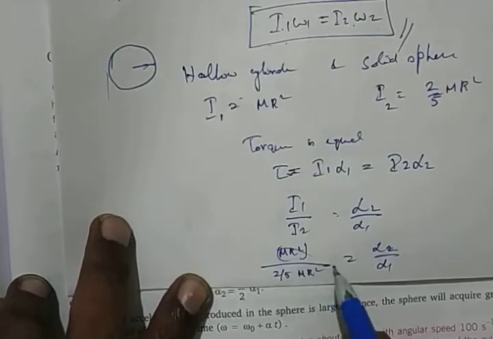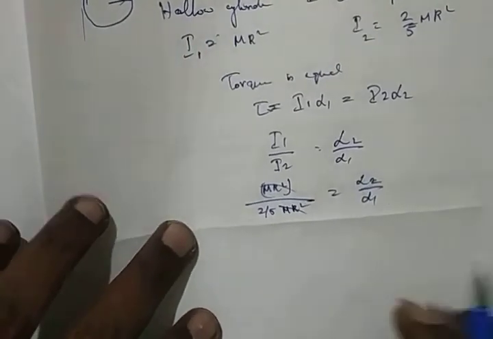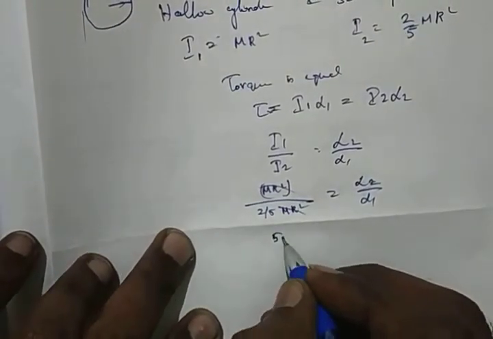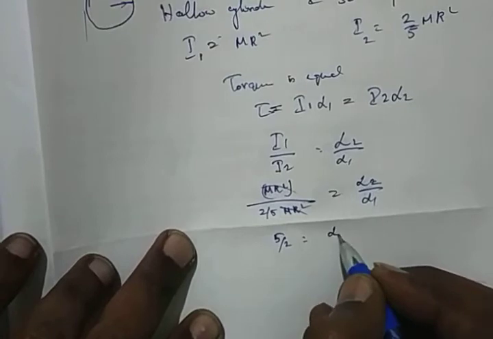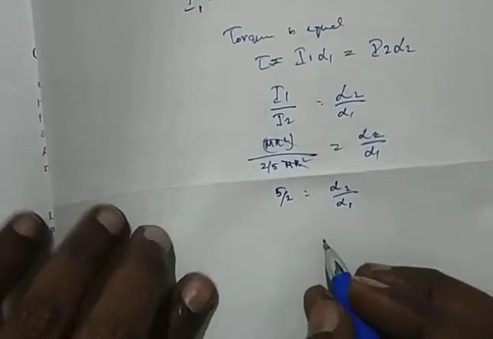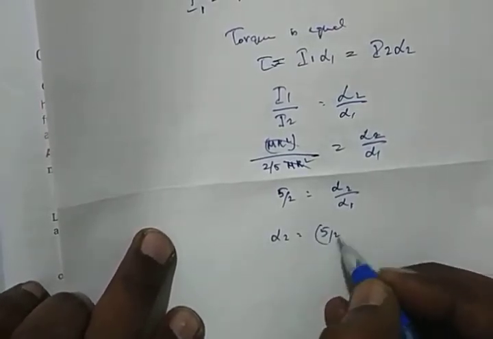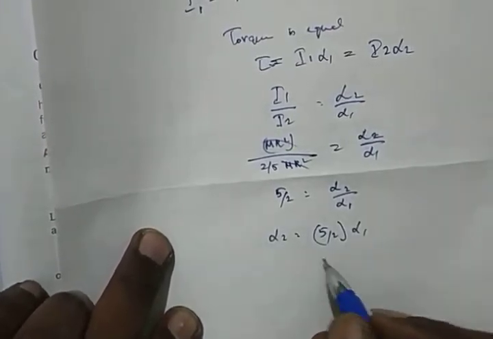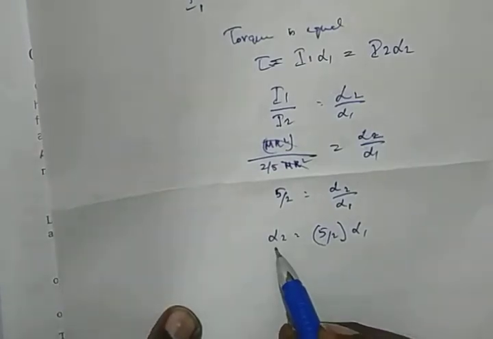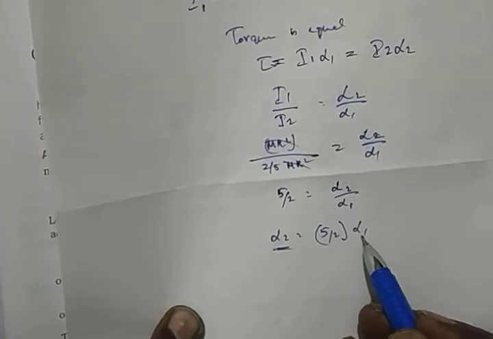Right? This gets cancelled out. So what is the rest of the value here? It is going to be 5 by 2 equal to alpha 2 by alpha 1. So alpha 2 is going to be equal to 5 by 2 of alpha 1. So alpha 2 rotates very fast because it is this many times alpha 1.